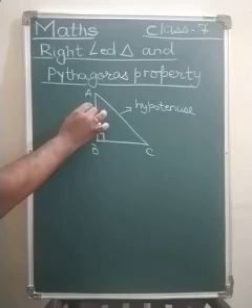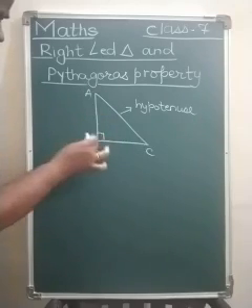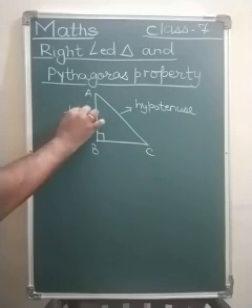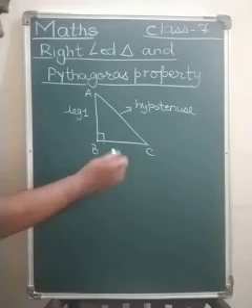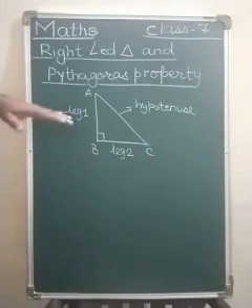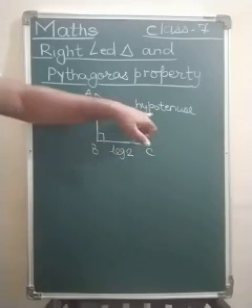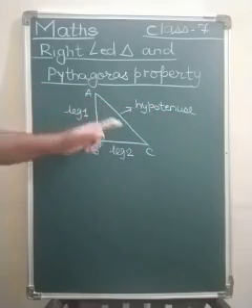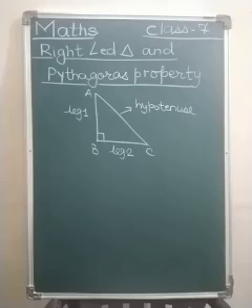Hypotenuse. Any one side, this and this, they are perpendicular to each other. So this is called as leg 1 and this is called as leg 2. So there are two legs and one hypotenuse in a right angle triangle. Now what does the property say?